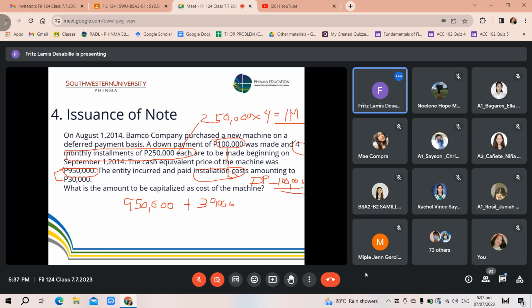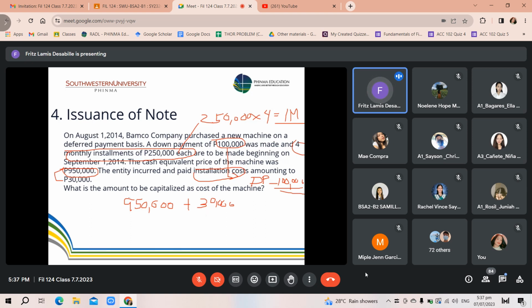Okay. Other terms would be the cost of dismantling and removing the item, or the cost of restoring the site on which it is located. So estimated dismantling, disposal, or restoration cost.